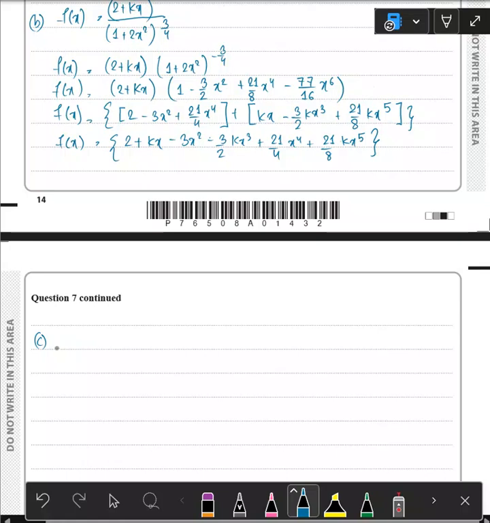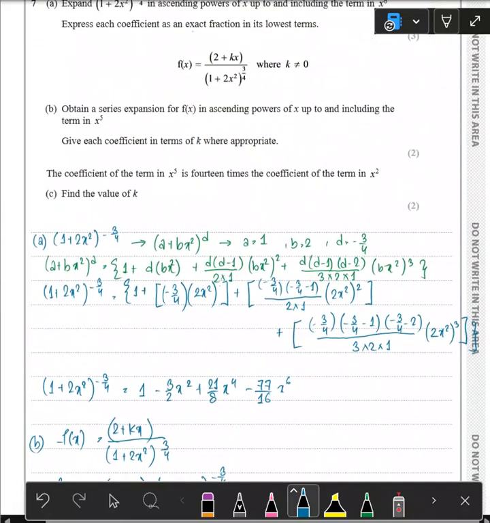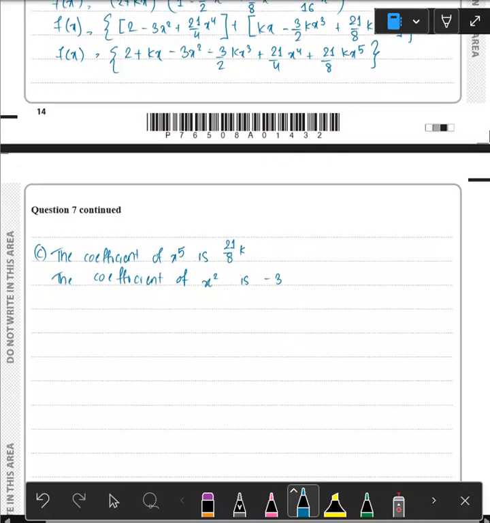The coefficient of x to the power 5 we got was 21 by 8k, and the coefficient of x squared is negative 3.